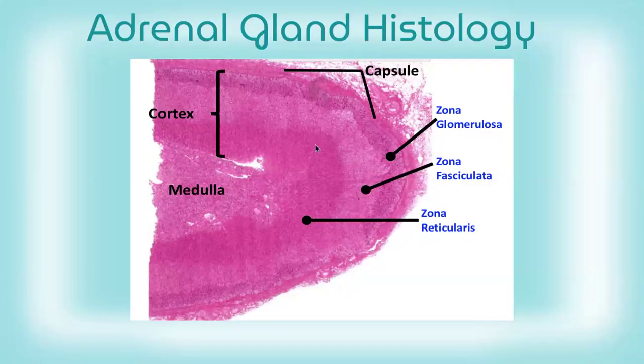And finally, this dark pink region is going to be your zona reticularis. So just looking at the layers and counting them, you can remember what zone you are in. Number 1 is glomerulosa, 2 fasciculata, and then 3 reticularis.